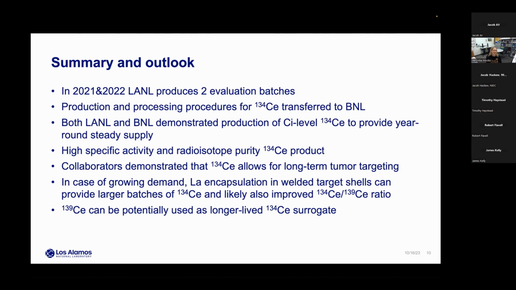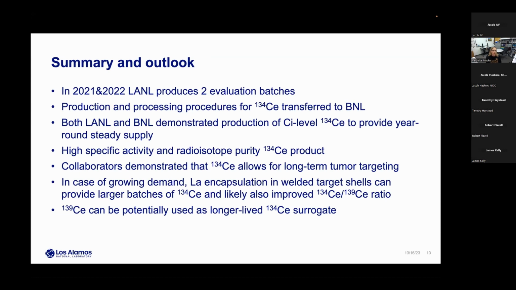They successfully produced their evaluation batches, and now we can provide a year-round, steady supply of Cerium-134, and we produce it at Curie level with high specific activity and radioisotope purity. Also, our collaborators demonstrated that the cerium allows for long-term tumor targeting.